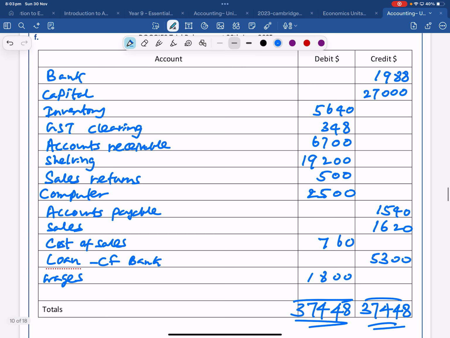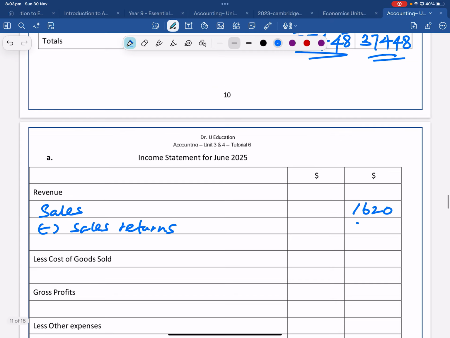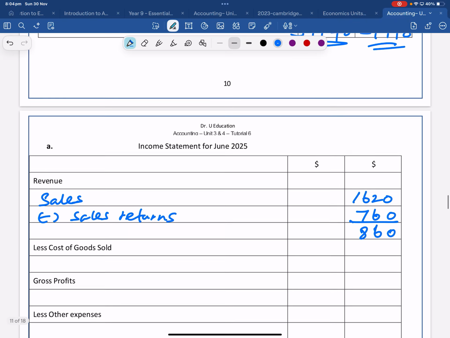Right. What do we need for the income statement, guys? Sales 1620, take away sales returns 500. So we have net sales 1120.